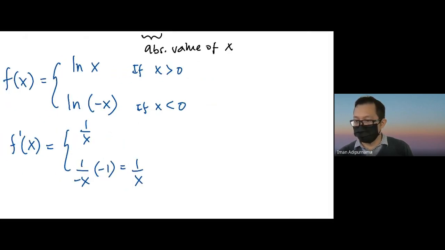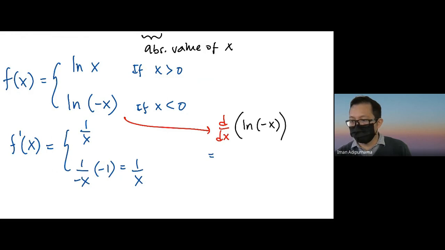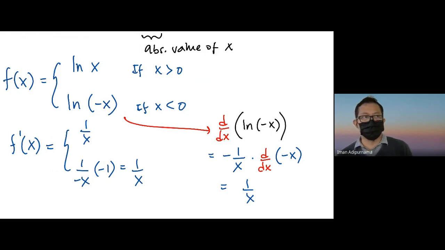So here, let me write here. d dx of ln of negative x. Okay. This will be minus 1 over x, multiplied with d dx of the negative x, right? So that's why it becomes the same 1 over x.